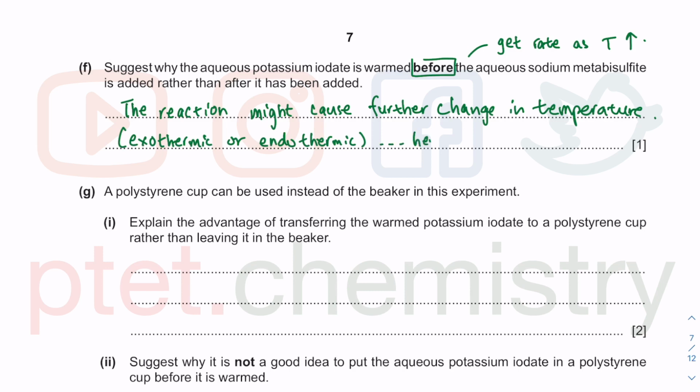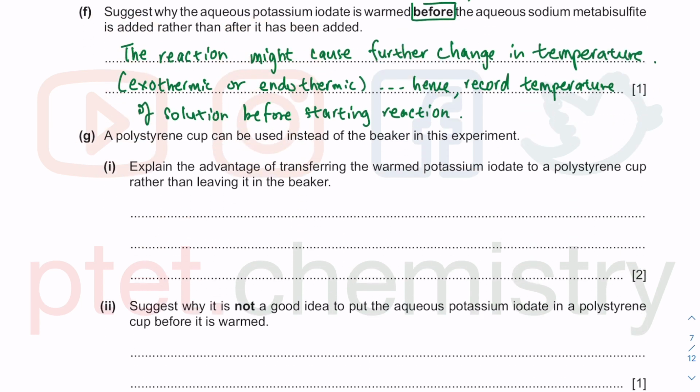So hence we must gather the measurement on the thermometer for the temperature before the reaction started. Hence we record the temperature of the solution before the reaction started. Before starting the reaction, we have to get the temperature of the solution.